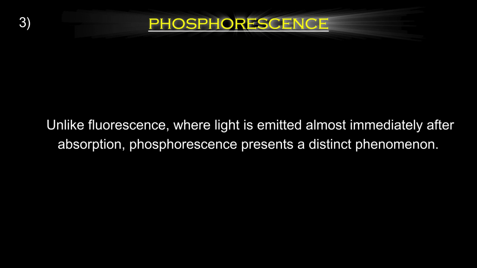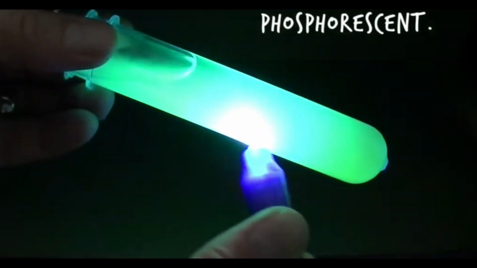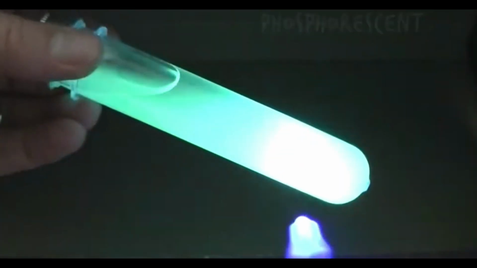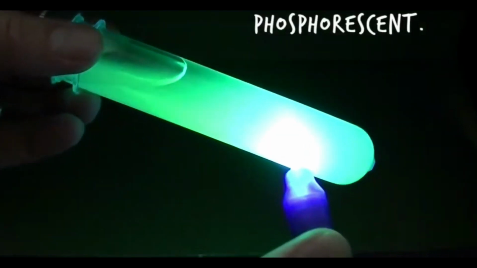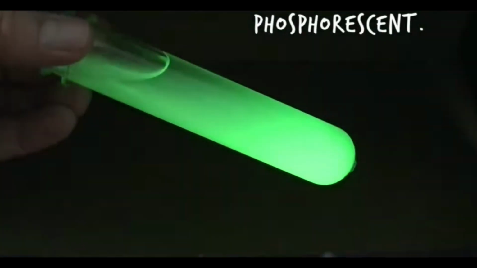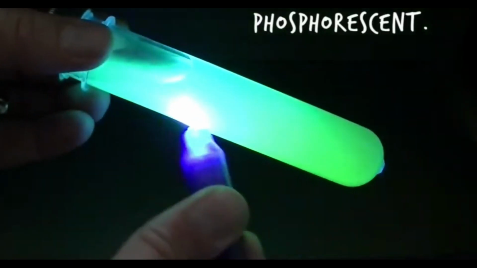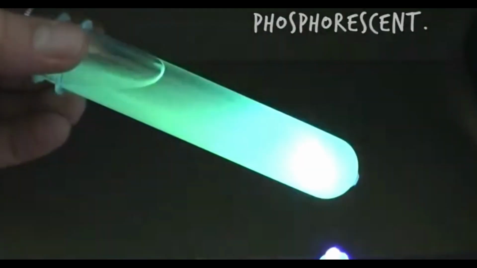Unlike fluorescence, where light is emitted almost immediately after absorption, phosphorescence presents a distinct phenomenon. Phosphorescence behaves differently from fluorescence, which emits light nearly instantly after photons are absorbed.